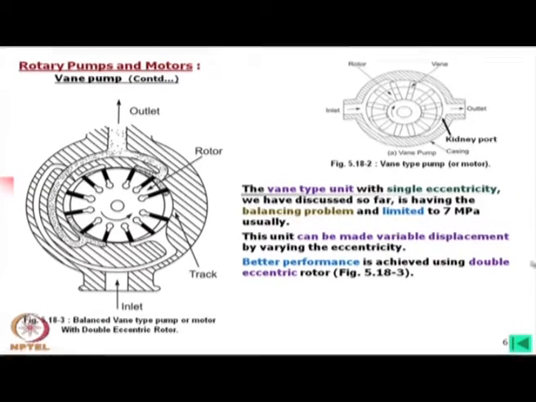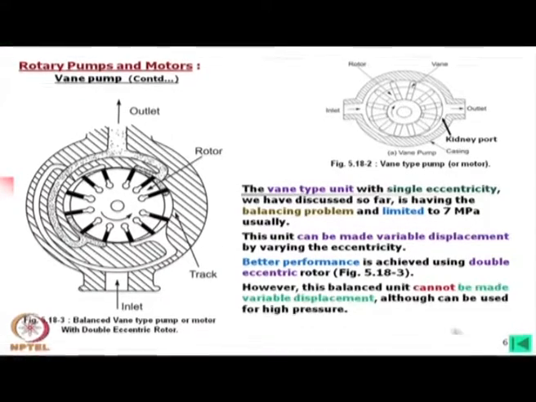There is no balancing problem, and this can be used for pressure more than 7 megapascal, whereas 7 megapascal is roughly the limitation of a single eccentric vane pump or vane motor. For this double eccentric, we can go for higher pressure. However, the one great disadvantage is that we cannot make this variable displacement, because we cannot change this eccentricity.